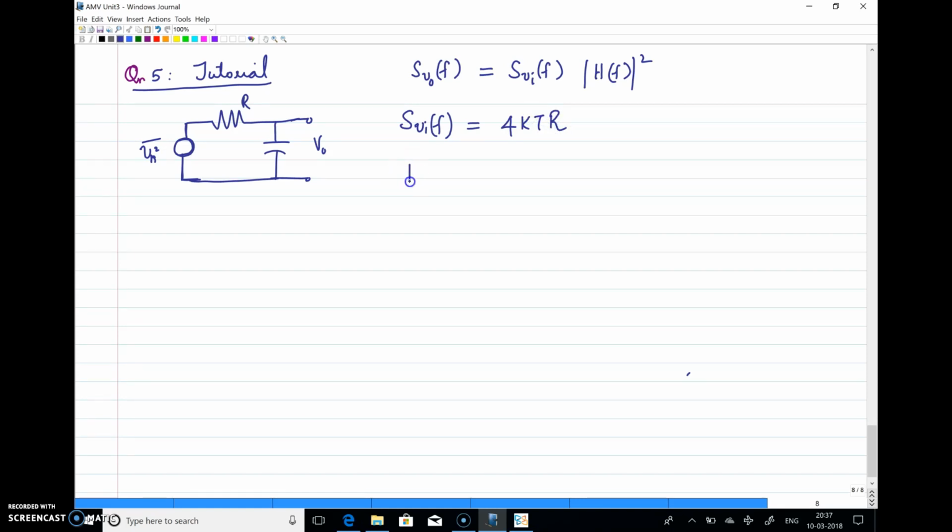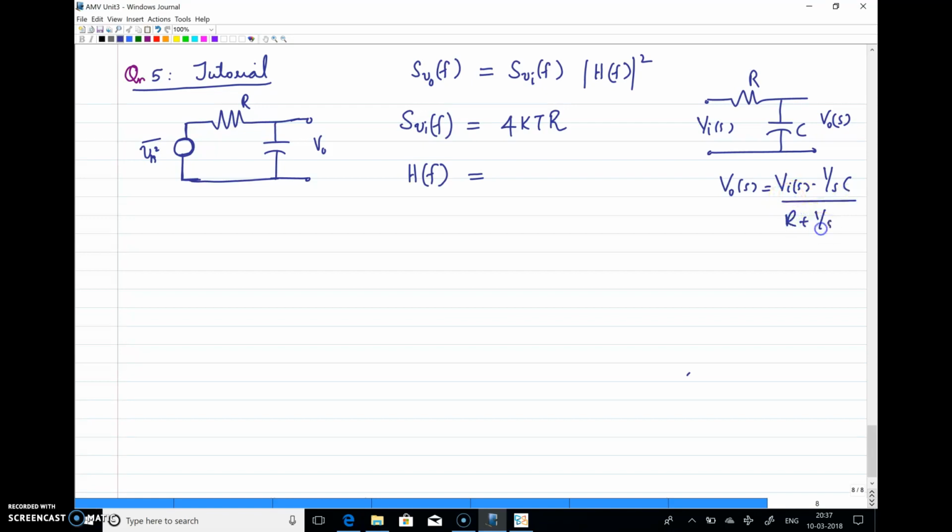Now H of F is the transfer function of this RC network. If you have an R and C, to find the transfer function you mark Vi of S and output Vo of S. The output expression is Vo of S equals Vi of S into 1 by SC divided by R plus 1 by SC.